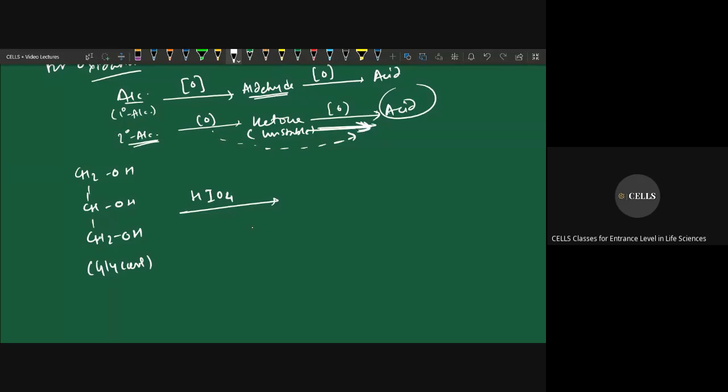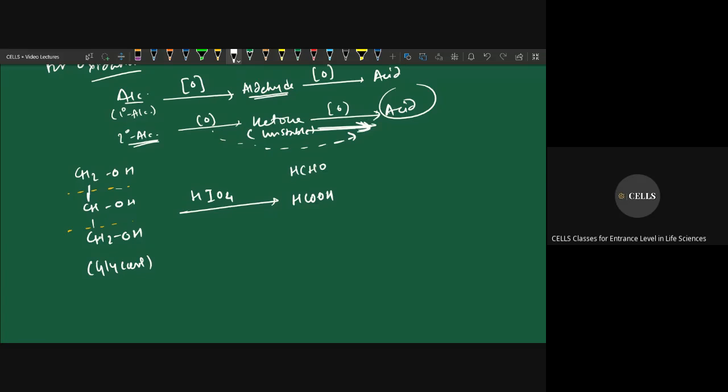Now you just cleave this because there are consecutive alcohols on 3 of the carbons. So first of all, you cleave them. This is a primary alcohol. You will get a 1 carbon aldehyde, HCHO. Now this is a secondary alcohol. What will secondary alcohol oxidation give? Ketone, but it is unstable. It will be rapidly converted to 1 carbon acid, and that is nothing but formic acid.